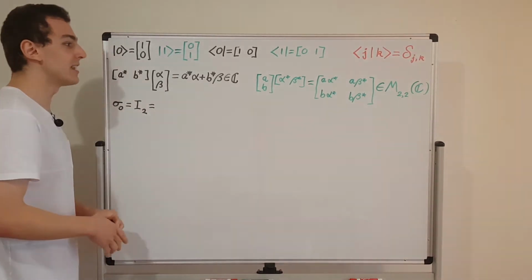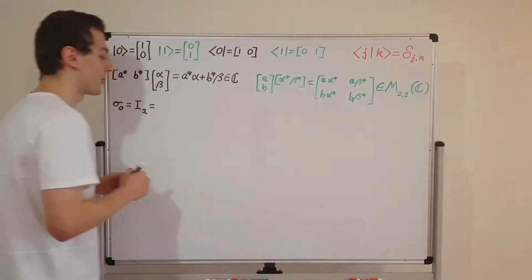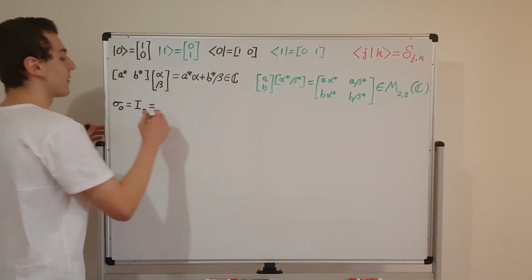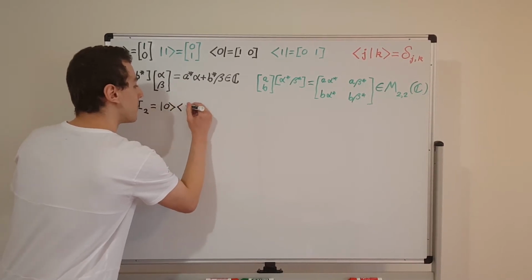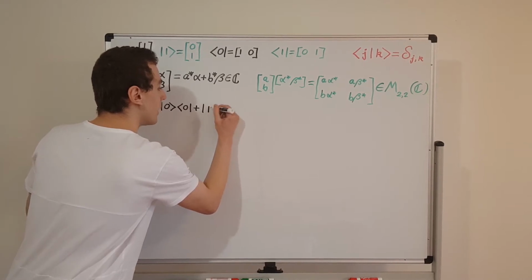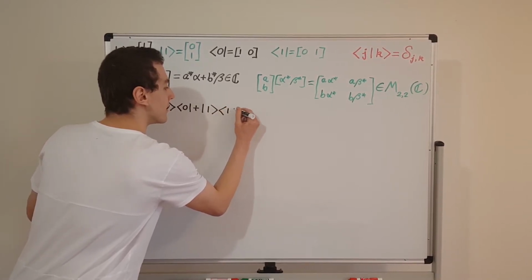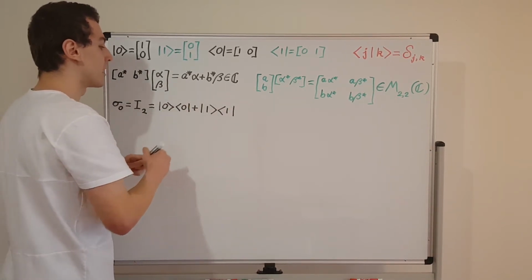We would take the Ket-Bra combinations of all the basis vectors and add them together. So first we need this 0 vector. We'll take the Ket and then the Bra, and then we add that to the Ket 1, then the Bra 1. So you can see that this is the completeness relation for a Hilbert space.